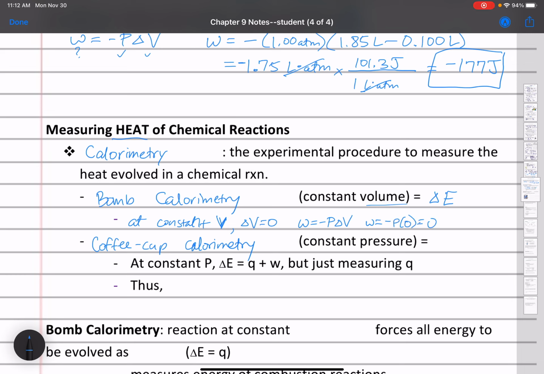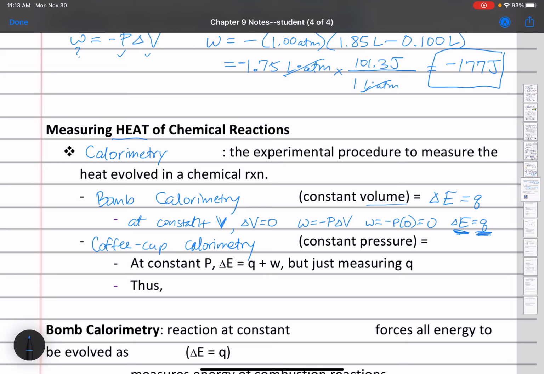Work is 0. So if delta E equals Q plus W, and W is 0, then heat is the change in energy. All of the heat released in a constant volume container is all of the energy released by the reaction. So in bomb calorimetry, you're measuring heat, but the heat is also the total energy change.